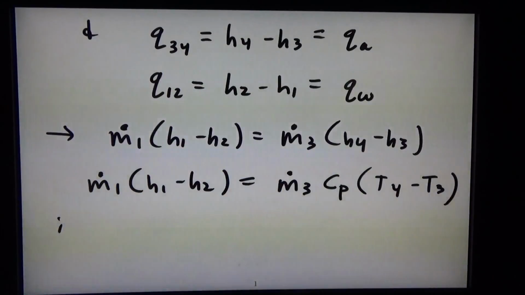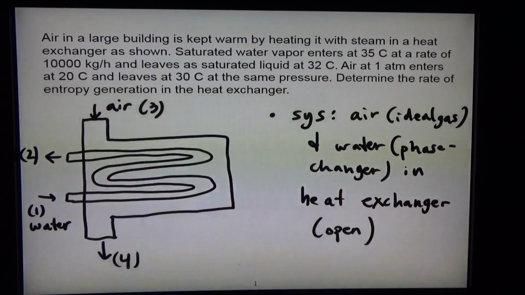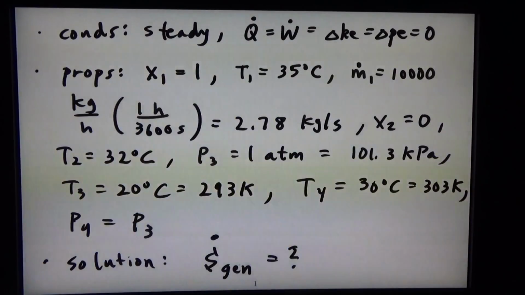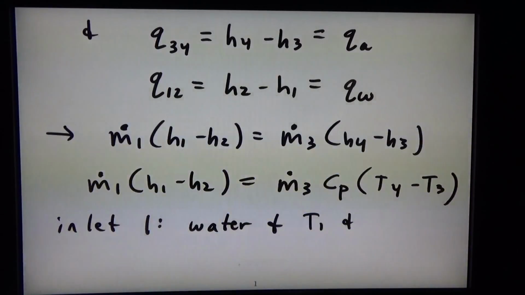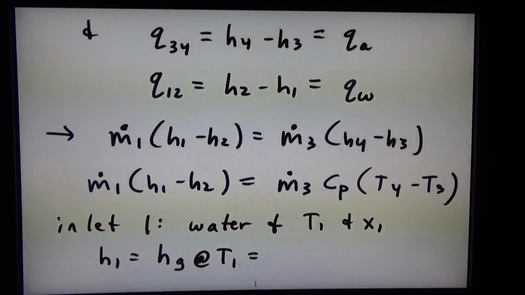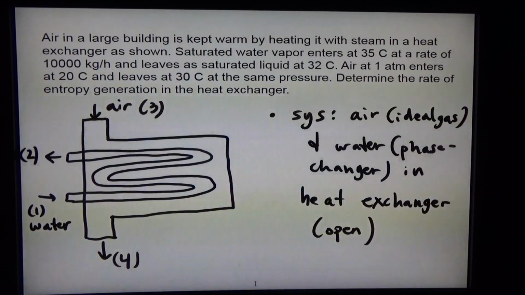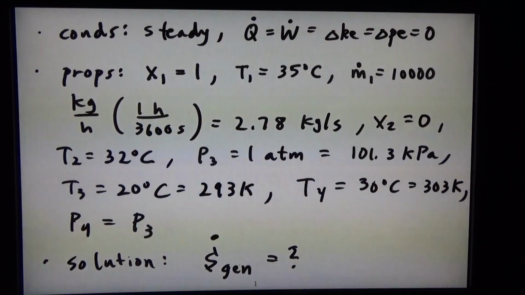So let's look at inlet 1, which is water. And we're given, for inlet 1, properties x1 is 1 and T1 is 35. So h1 is going to be, since we have a saturated vapor, h sub g at T1. So for the water, we're going to look up at T equal to 35 degrees Celsius.